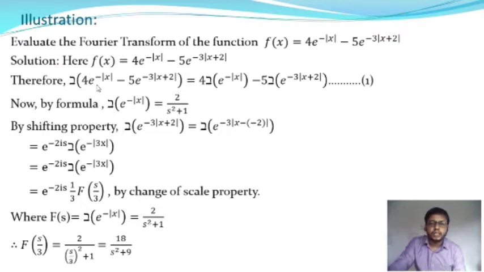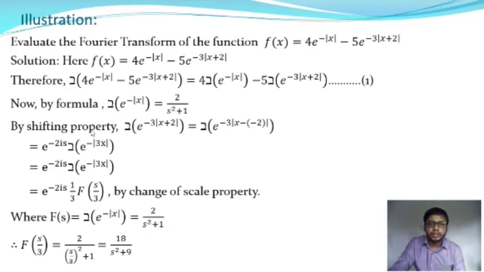Now applying the linear property of Fourier transformation, we will get 4 into F of e to the power minus modulus of x, minus 5 into F of e to the power minus 3 into modulus of x plus 2, and I can call this equation number 1. Now by the standard formula, the Fourier transformation of the function e to the power minus mod x is 2 by s square plus 1, where s is the parameter.